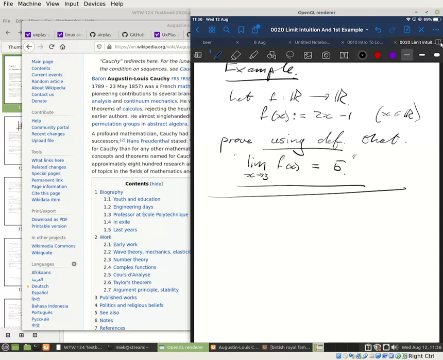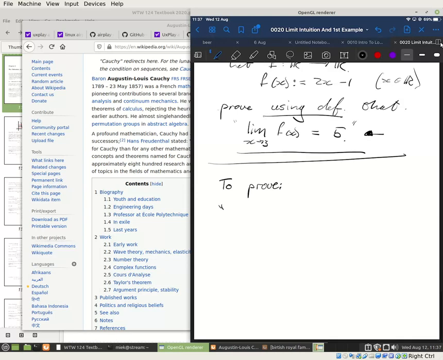So I would suggest, even before you start, write down exactly the statement that you need to prove. So this thing means something specific. What does it mean? It means the following.